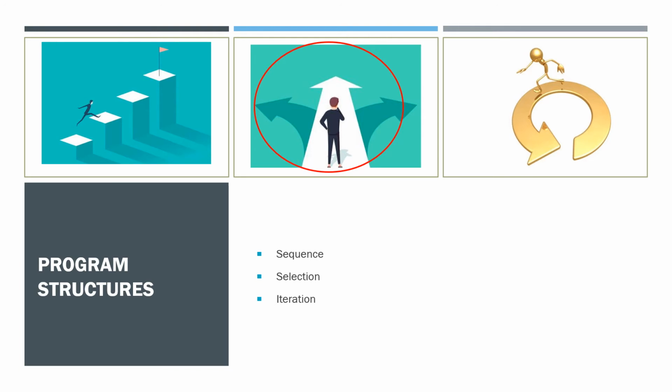This is a structure using if or elif. And finally, iteration, or an iterative structure, that's a loop. So if you've done programming before, you'll know about loops. So in conclusion, if you're asked what are the basic structures of a computer program, the basic foundational structures are sequence, selection, and iteration.